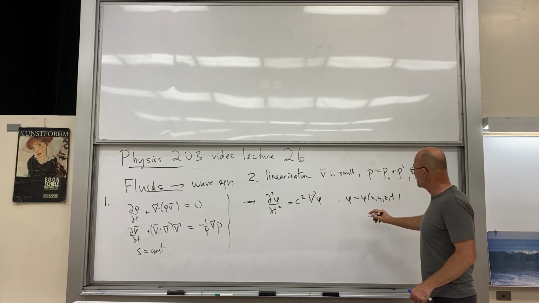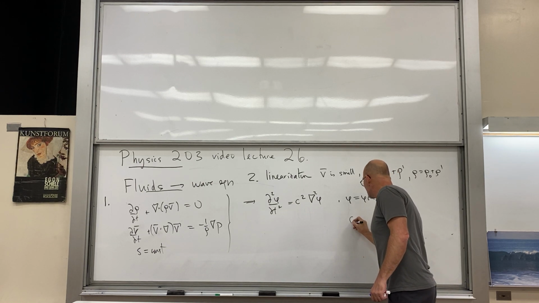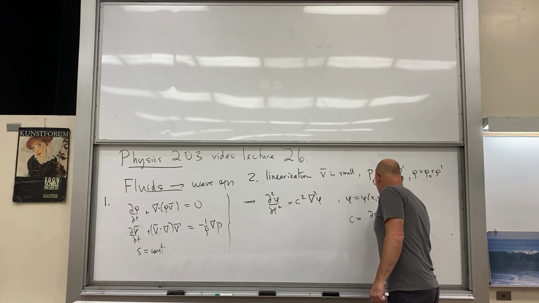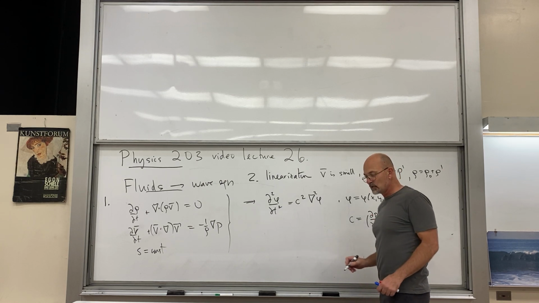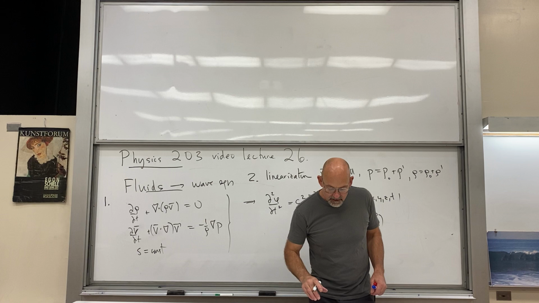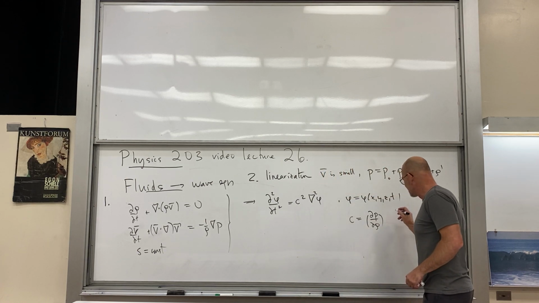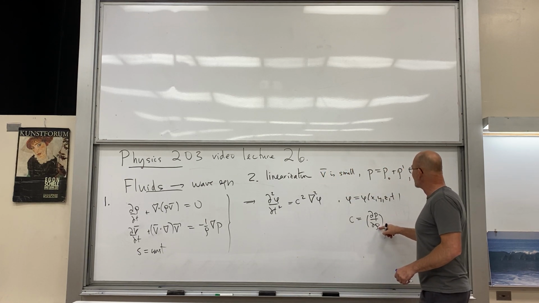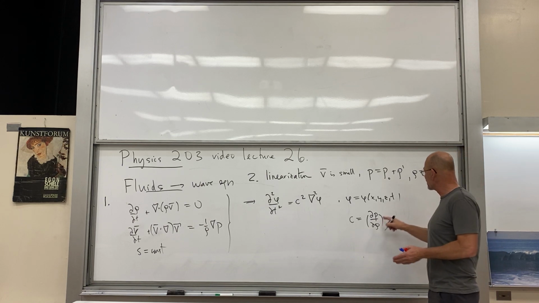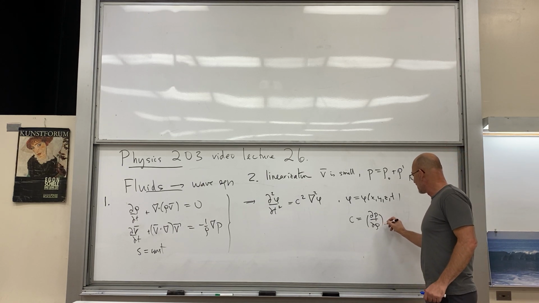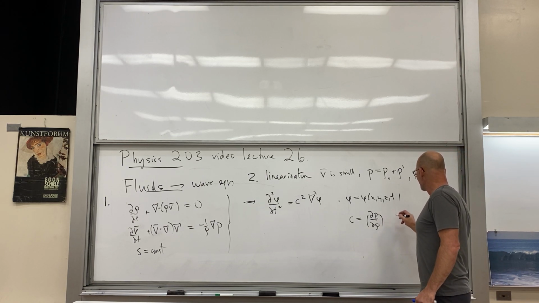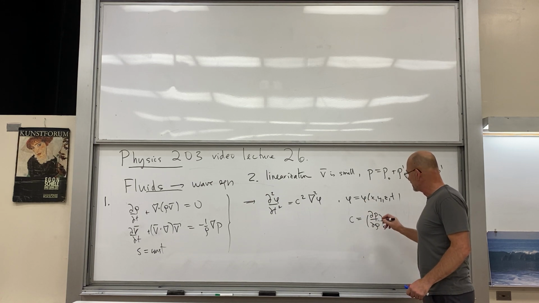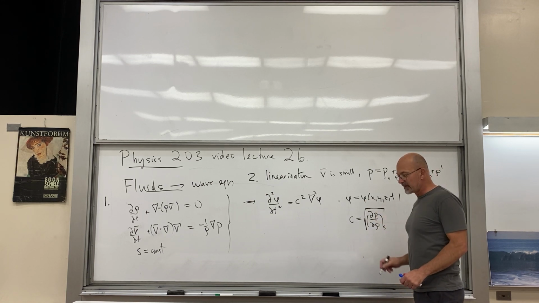That's the wave equation. c is the square root of dp d rho evaluated at constant entropy. I could put a rho naught there, but that's clear. It's evaluated at constant rho naught and constant entropy.